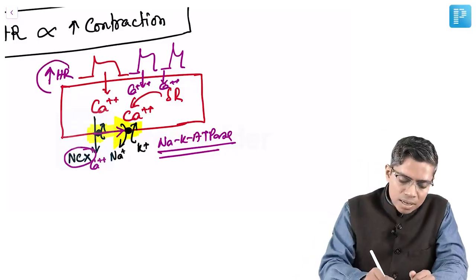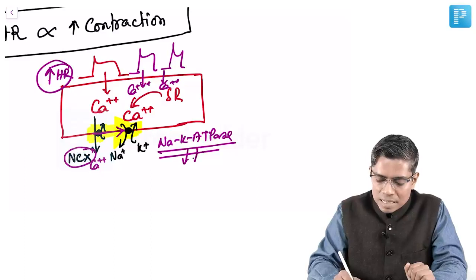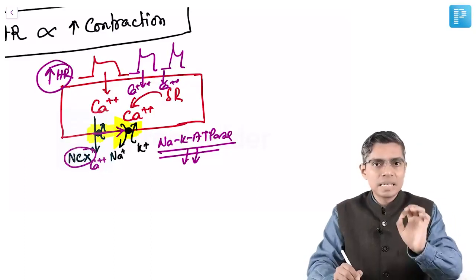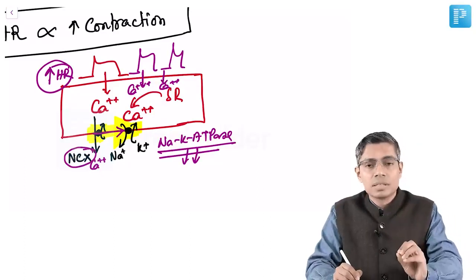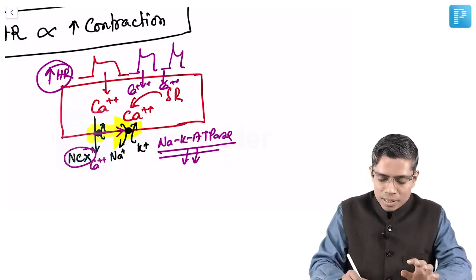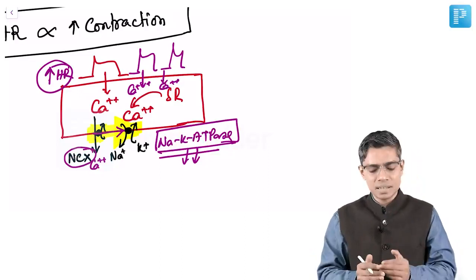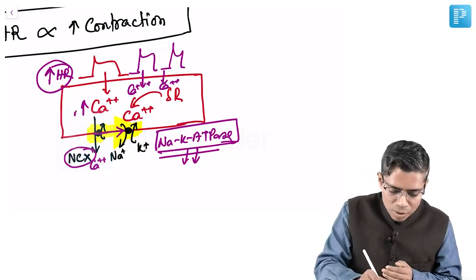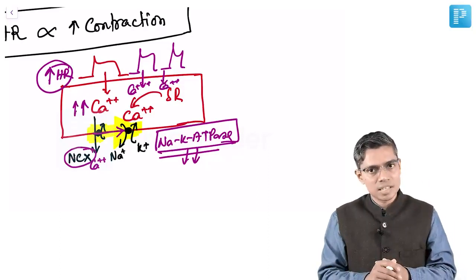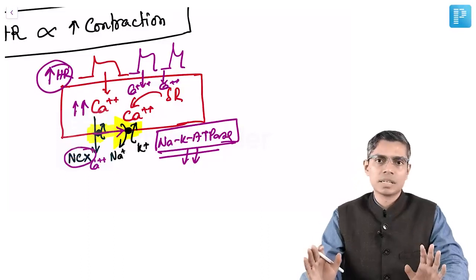So whenever your heart rate is rising to a very high level, the sodium potassium ATPase pump cannot keep pace with the increased heart rate, and that's why there will be accumulation of more and more calcium intracellularly, and that will increase the force of contraction. Getting my point?